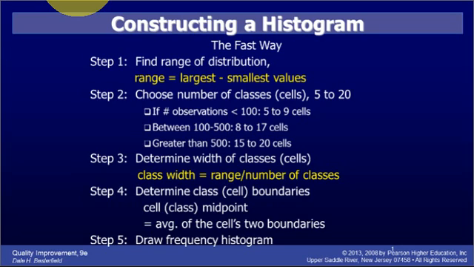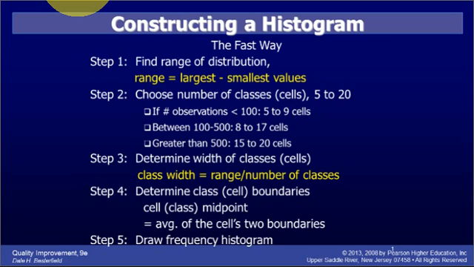If the number of observations, that is the number of data points, is less than 100, then we want to have 5 to 9 cells. If the number of observations is between 100 and 500, then we need 8 to 17 cells. If there are more than 500 data points, then we want 15 to 20 cells.